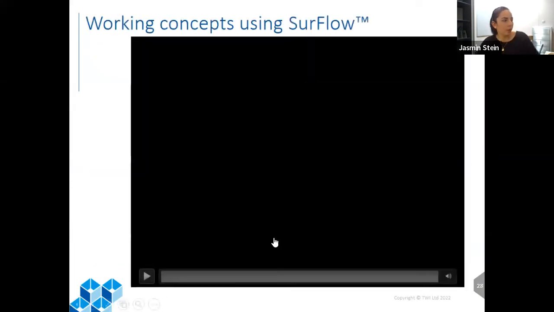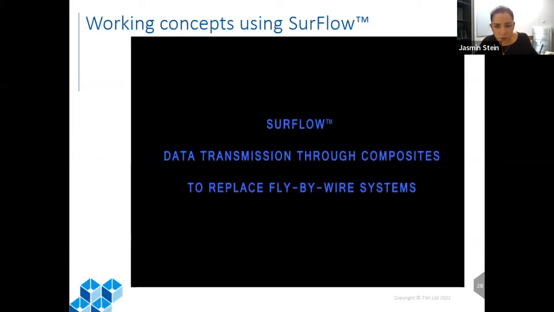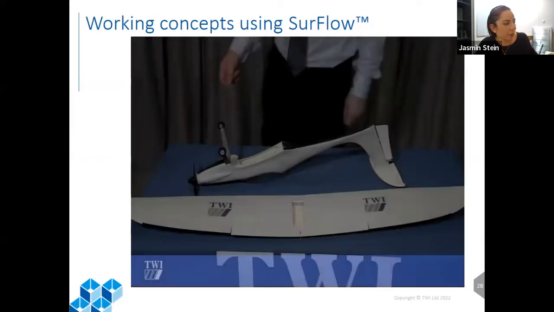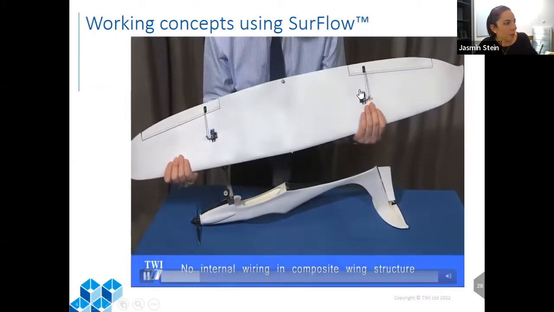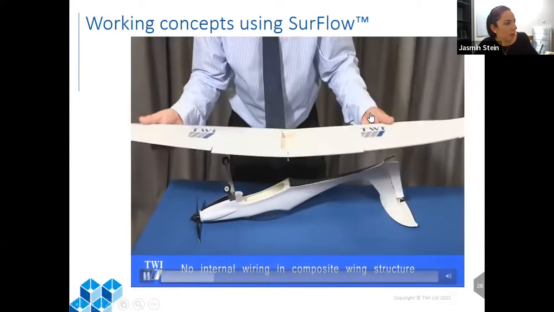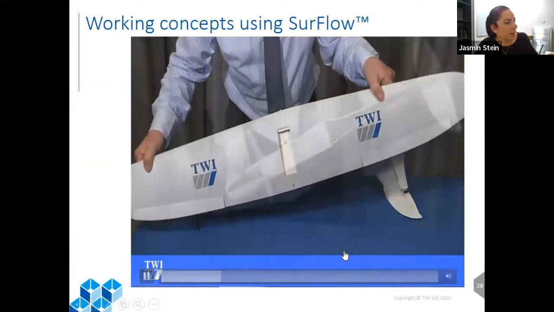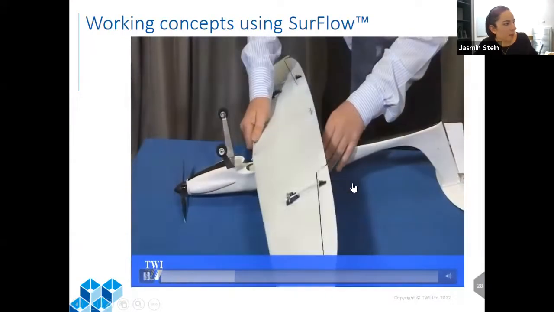That's the idea. The next one is to show that we can send multiple signals at the same time, and it's a glass fiber model aircraft. Here you can see there are no cables, there are actuators, and there are individual power sources in there. The fuselage doesn't have any cables.